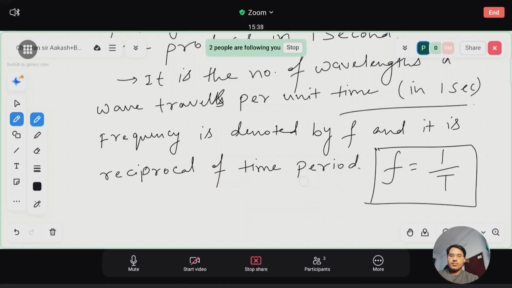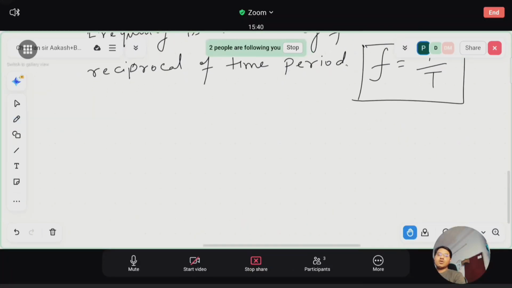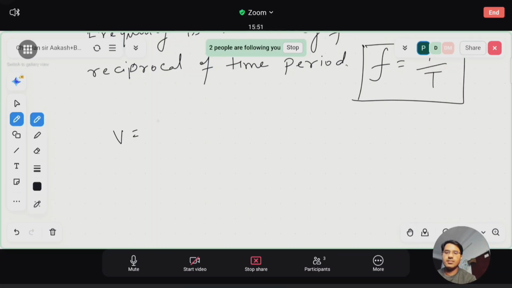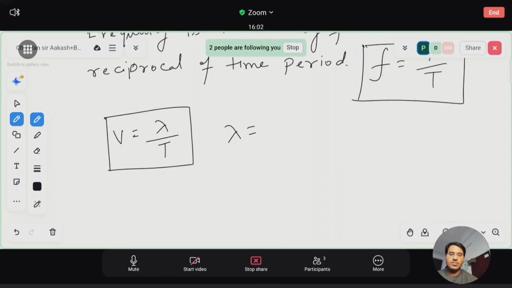Deepika, finished till here? Yes. What was the relation between velocity, lambda, and T, which we did earlier? Velocity equals lambda over T. Very good. This was one relation. What should be the relation if we want to find lambda in terms of velocity? Velocity times time. Very good.